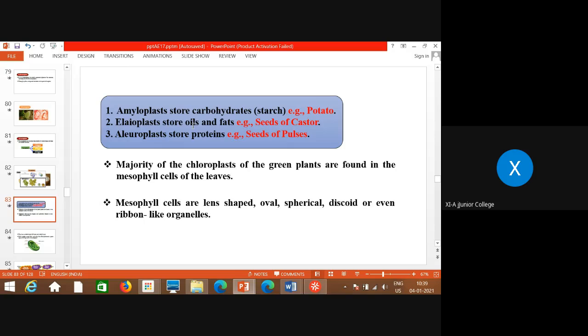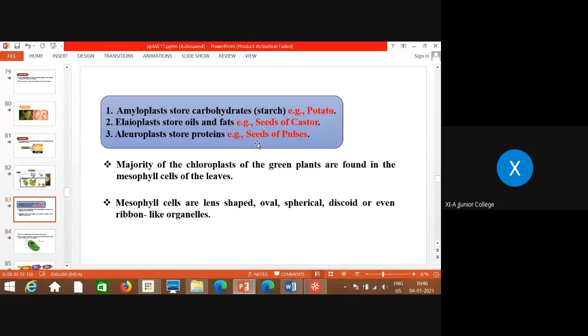These are colorless pigments, but they store oils and fats. The third category of leucoplast is called aleuroplasts. If you remember the word aleurone, it is a type of protein. So aleuroplasts are the plastids which store proteins. And the examples are the seeds of all pulses. Everybody knows different types of pulses.